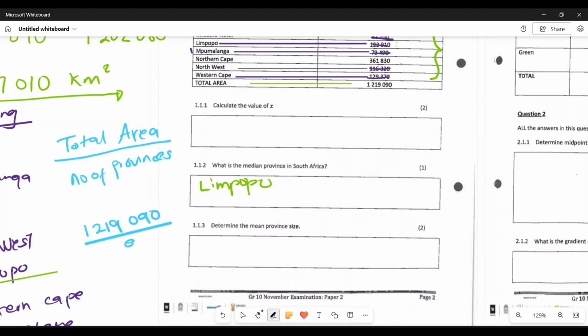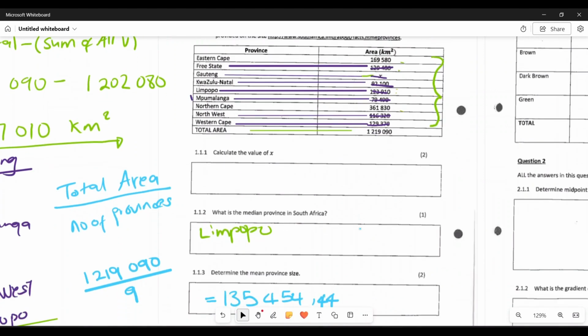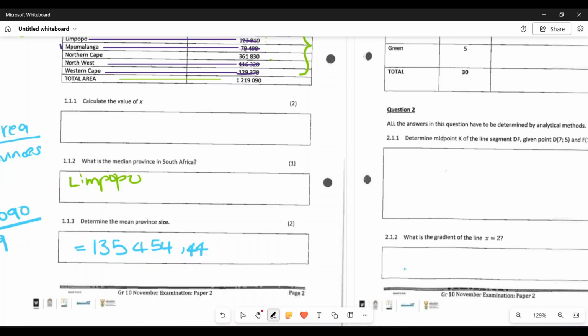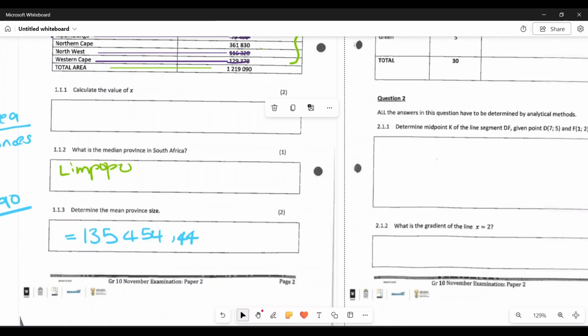The number of provinces is 9. Now let me punch that into my calculator. As a result, my mean would be equal to, remember, these calculations you should do in the box, 135,454.44, if I round off to 2 decimal places. Now, moving on to the next question. Here also do not forget your units. The units here, remember, are kilometers squared.